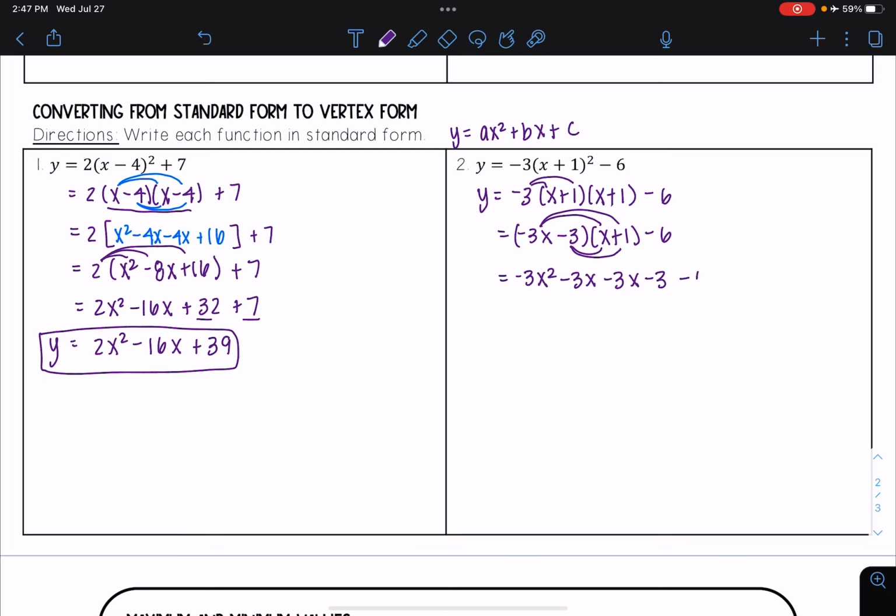And then I still have that minus 6 at the very end. And now combining like terms, I have negative 3x squared, minus 3x minus 3x is negative 6x, then minus 3 minus 6 is negative 9.